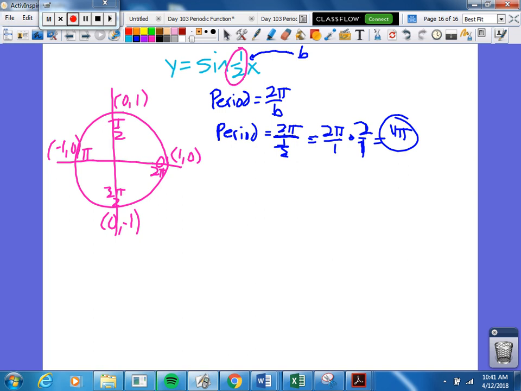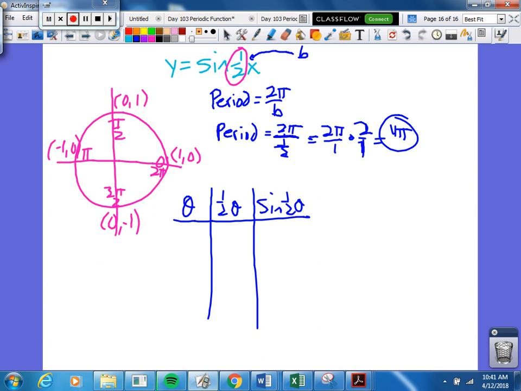So let's get our chart, because everything flows from the chart here. We got theta, angle. We have 1/2 theta, and we got sine of 1/2 theta, like that. Okay, so theta: 0, pi over 2, all the relevant points, pi, 3 pi over 2. This should be really fast. And then sine, so just think about it, sine of theta.